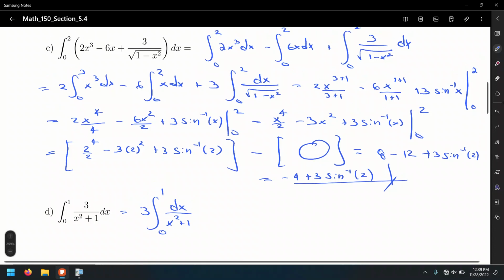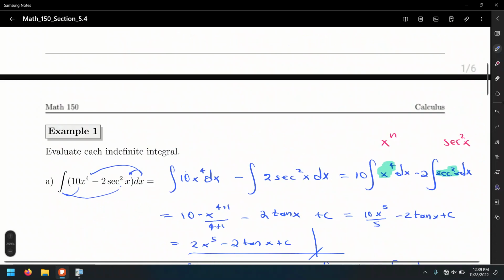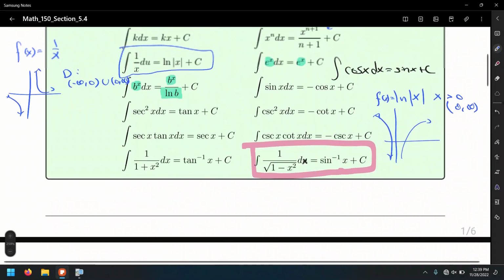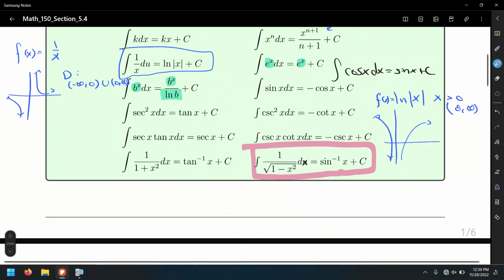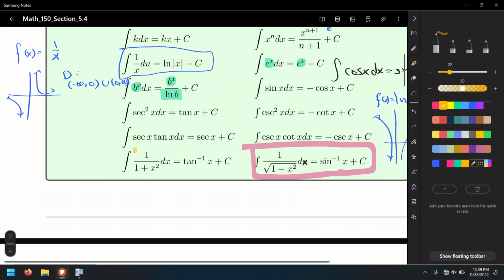Well, let's go back to the integral table on the previous page real quick. And it looks like we have something actually. We have this form, the integral. I know you could argue, well, that's in the reverse order, but that doesn't matter. When you look at this form of integral, you can see it as 1 plus x squared or x squared plus 1.